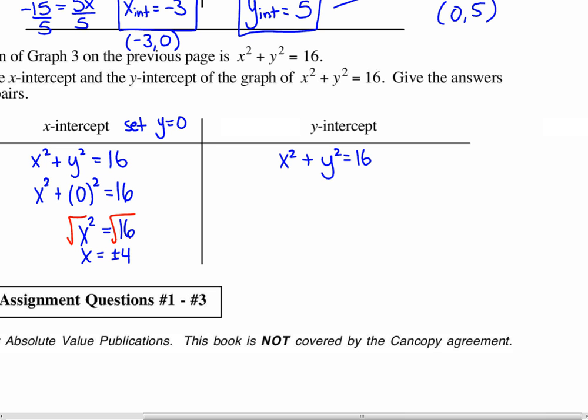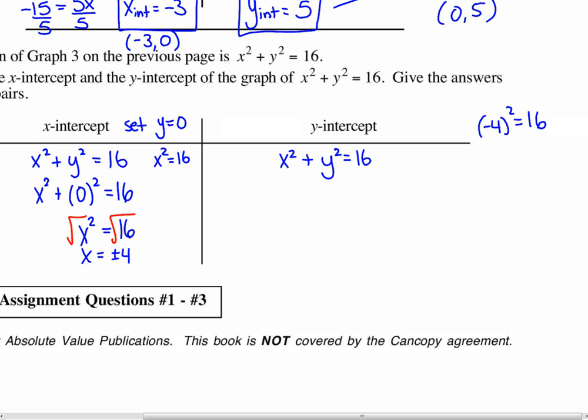Why? Think about x squared equals 16. Why are there two answers to x squared equals 16? It can be a negative or a positive. If you square negative 4, is it equal to positive 16? Make sure it's in brackets in your calculator.